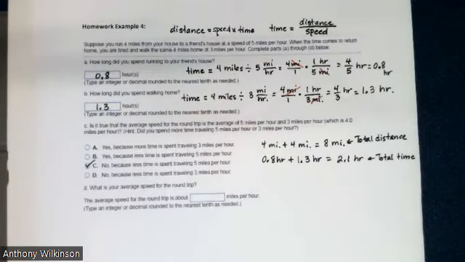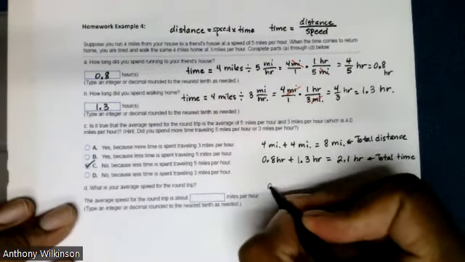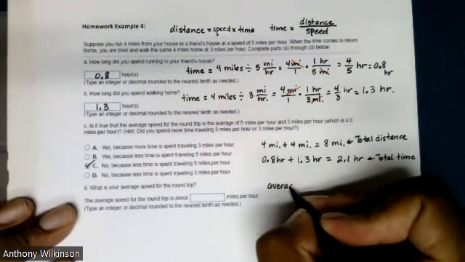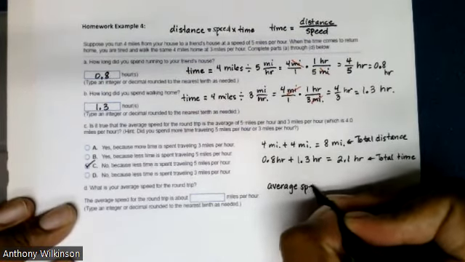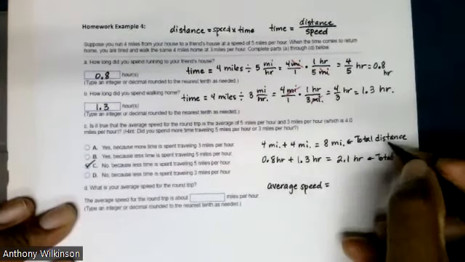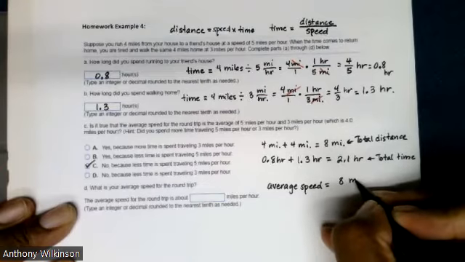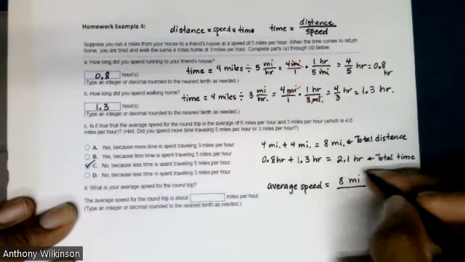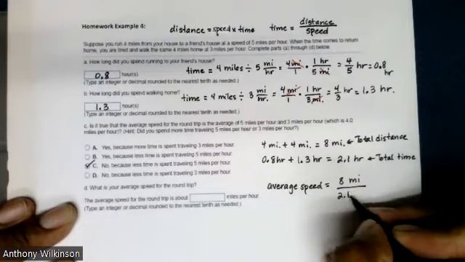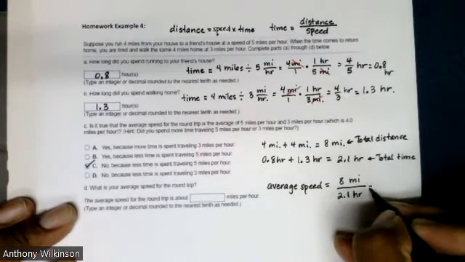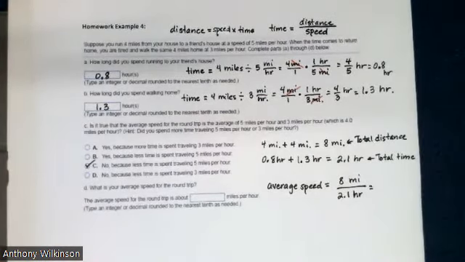All right. So now to find the average speed, the average speed is going to be the total distance, which is 8 miles, divided by the total time, 2.1 hours. Because average speed has to be in miles per hour, you have to divide the total distance by the total time.